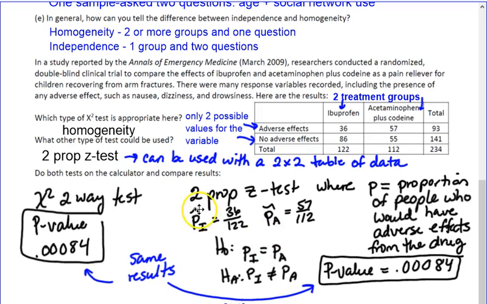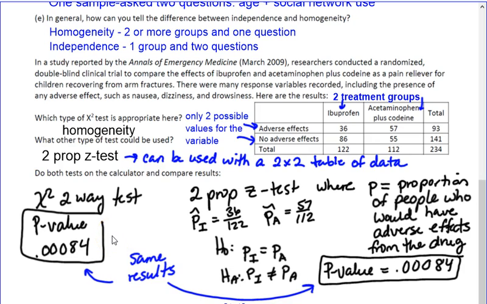So in other words, one sample proportion would be 36 over 122 for the ibuprofen group. The other would be 57 over 112. If I go in and do a two-proportion z-test, you'd have to put in x1 and n1 and x2 and n2, do a not equal to. You get a p-value of 0.00084. If you do a chi-square two-way test, you get the same p-value.